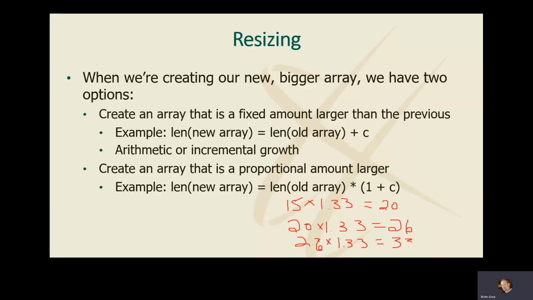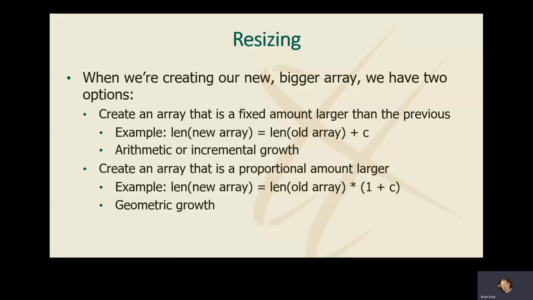You can see how every time we expand our array under this paradigm, it's growing. But not only is it growing, the amount that it's growing by is growing. So these are the different approaches that you can have. This is called geometric growth. Okay, these are the two approaches. Which do we think is going to be better?